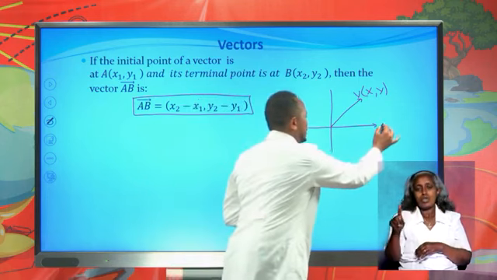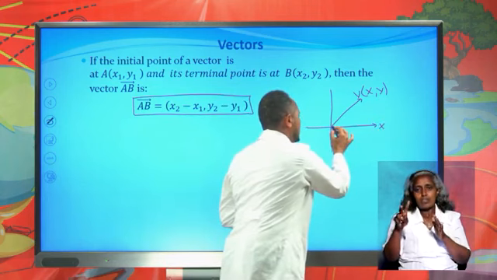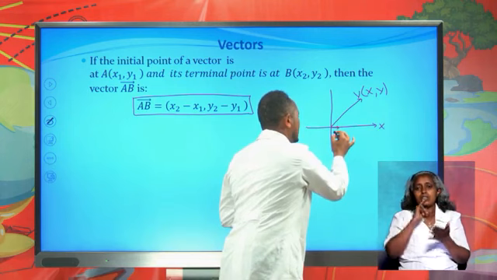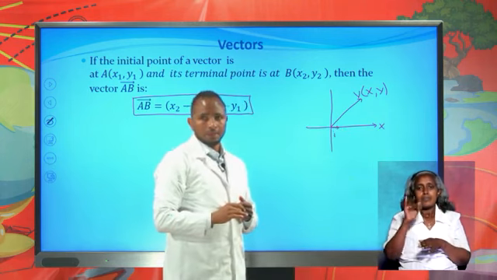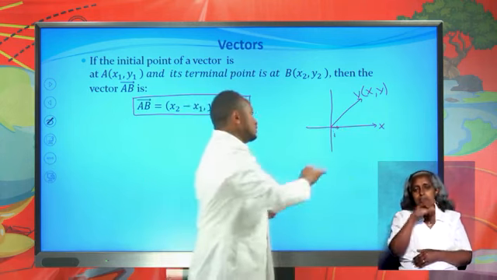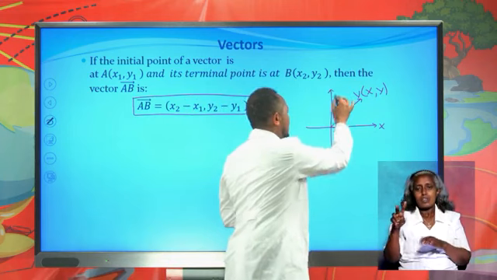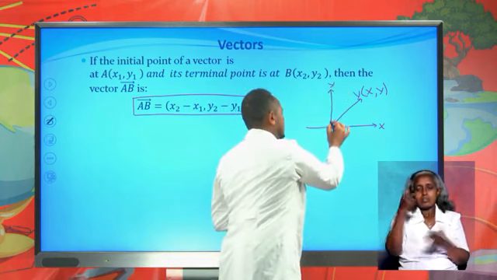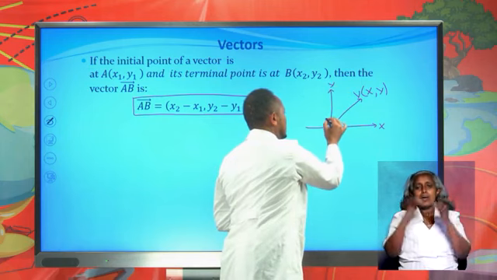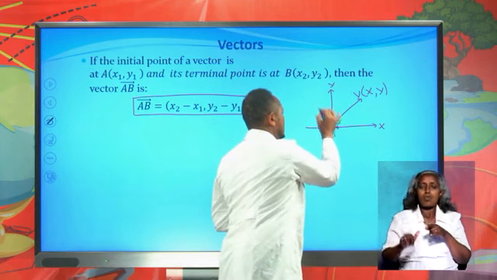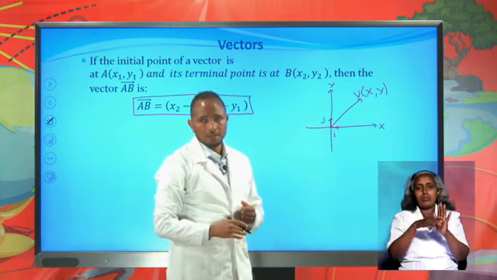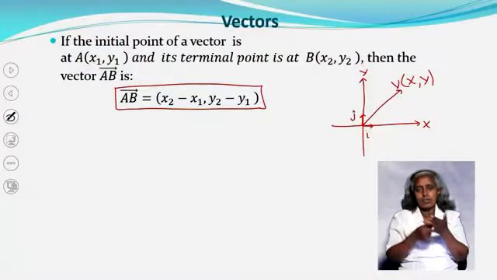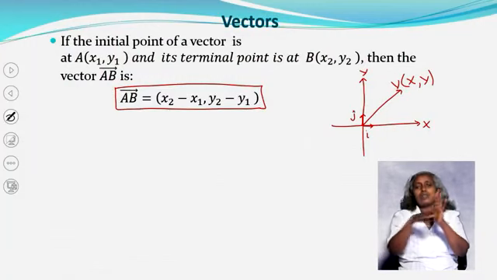The unit vector along the x direction is denoted by i, and the unit vector along the y-axis is a vector whose magnitude is 1 and whose direction is along the y-axis. It's denoted by j.